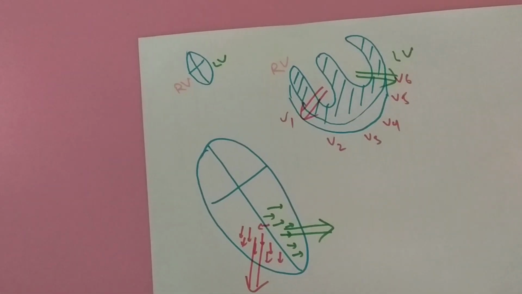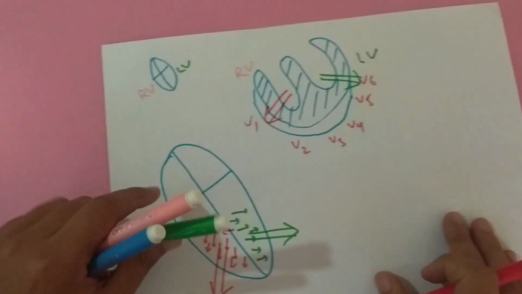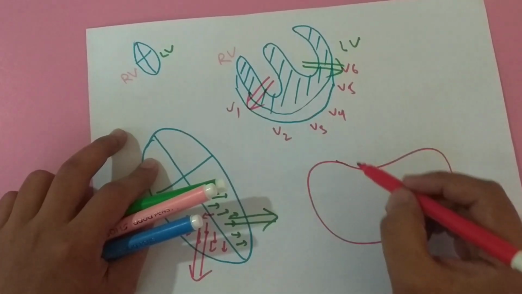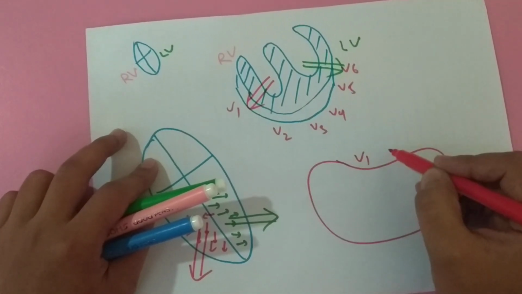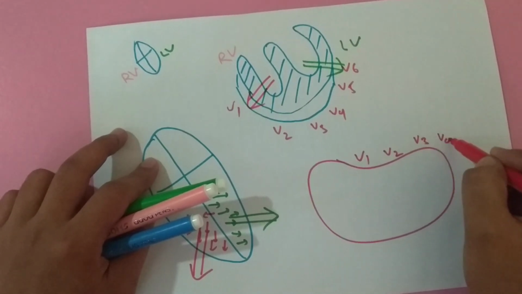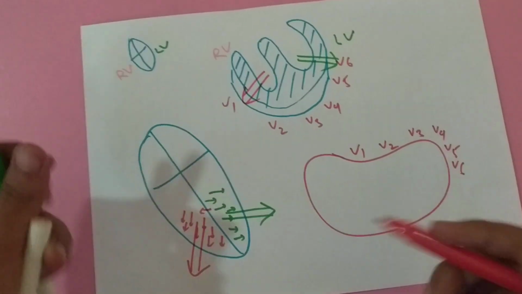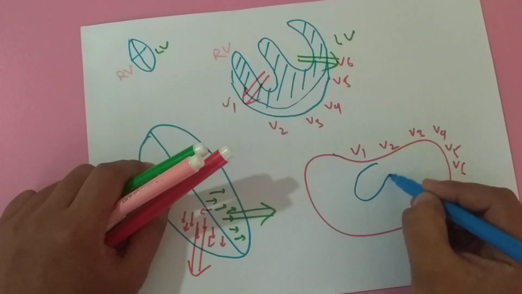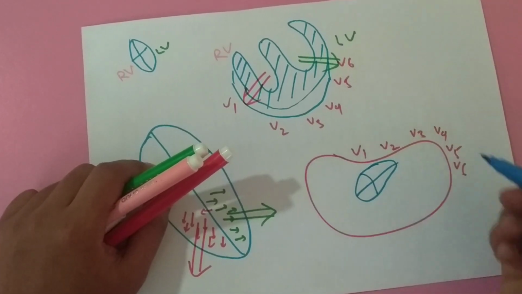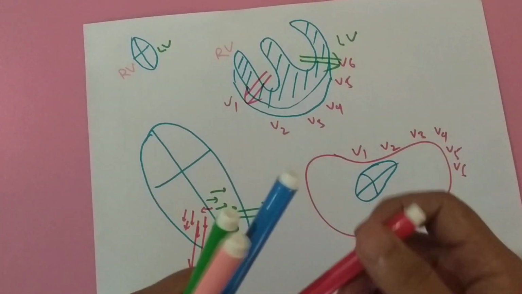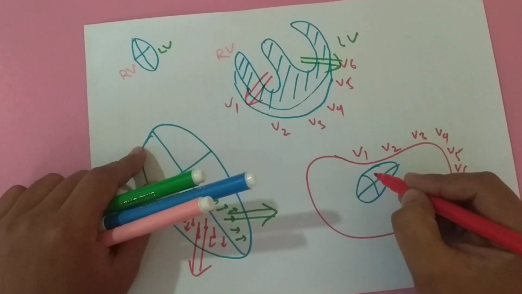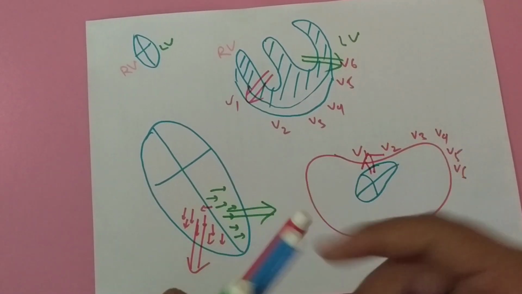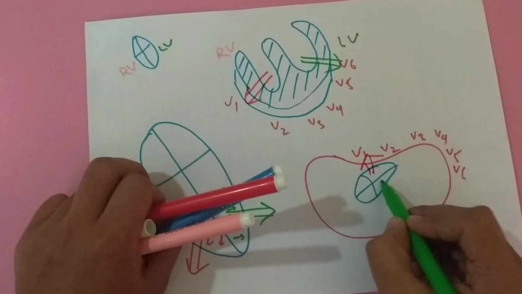For better understanding, we can draw another schematic diagram. Suppose this is the cross section of your chest, and here are your leads V1, V2, V3, V4, V5 and V6, and when you draw a heart inside it, there lies your heart like this. The depolarization of the right ventricle is facing towards V1, and the depolarization of the left ventricle will be facing towards V6.